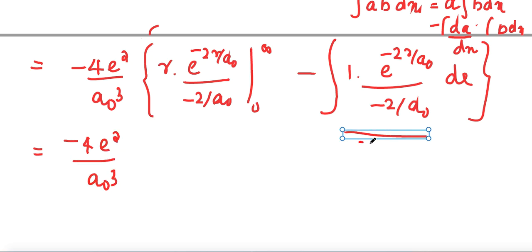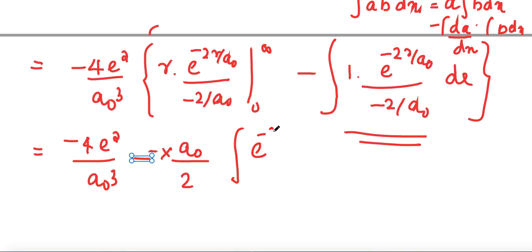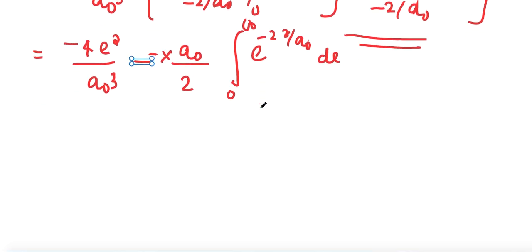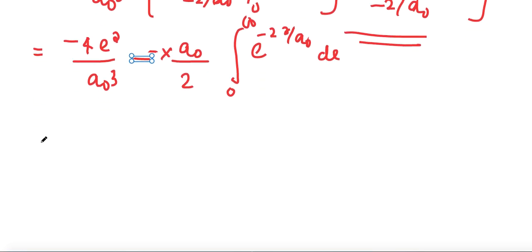Only this term we have to calculate. This term is equal to minus into a0 by 2, minus becomes plus, and the integral of e raised to minus 2r by a0 dr from 0 to infinity. We can cancel some things from here.